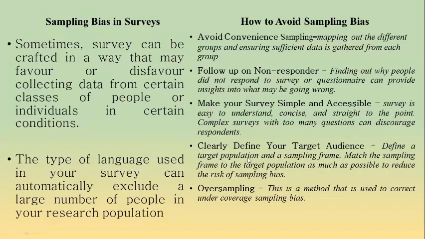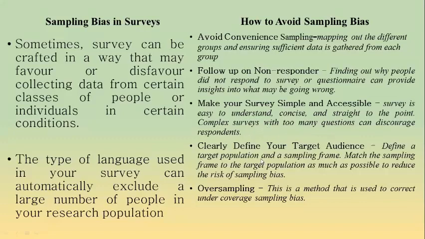Then find out why people did not respond to your questionnaire. What was wrong in your questionnaire? Are you asking the right questions, or are you targeting the wrong audience? You must find that out. You must ensure that your survey is very easy to understand, concise, and straight to the point, etc. If it is more complex, then obviously it will result in no response. I have told you about no response.